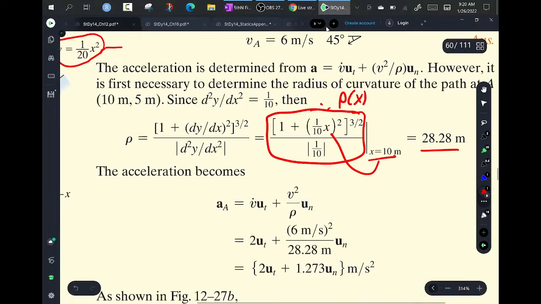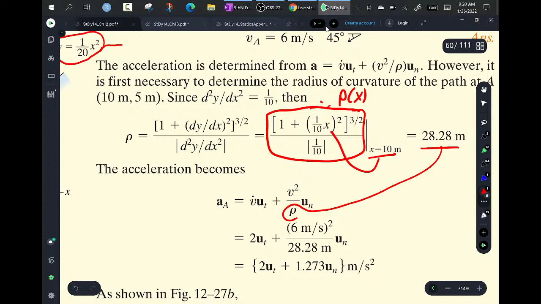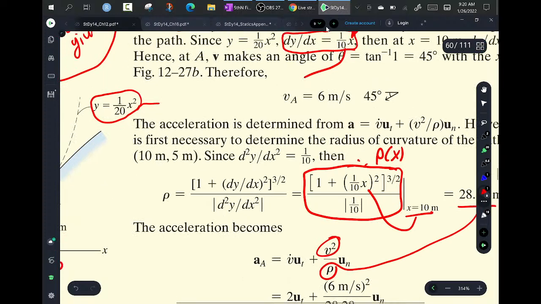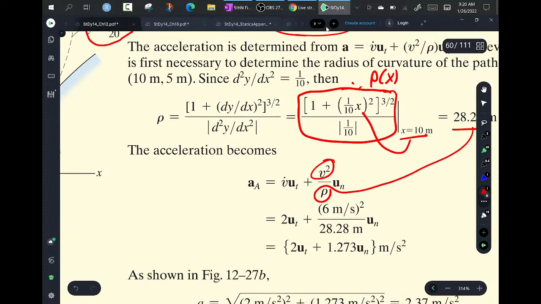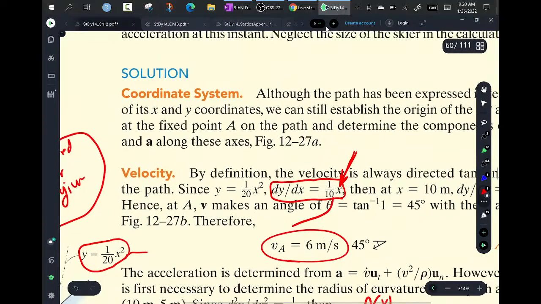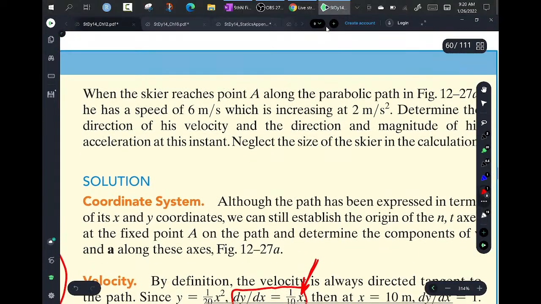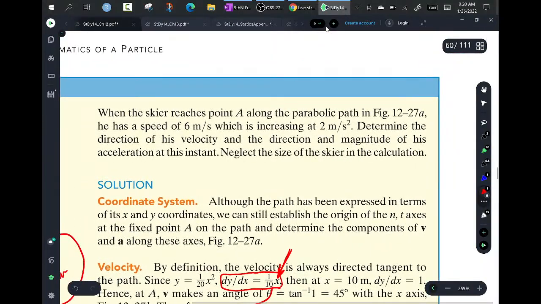Okay, so all he does is stick in his velocity, and that's it. Now, how did he get the 2? This is the thing. If you look back at, okay, it says his speed is 6, and it's increasing by 2 meters per second squared.